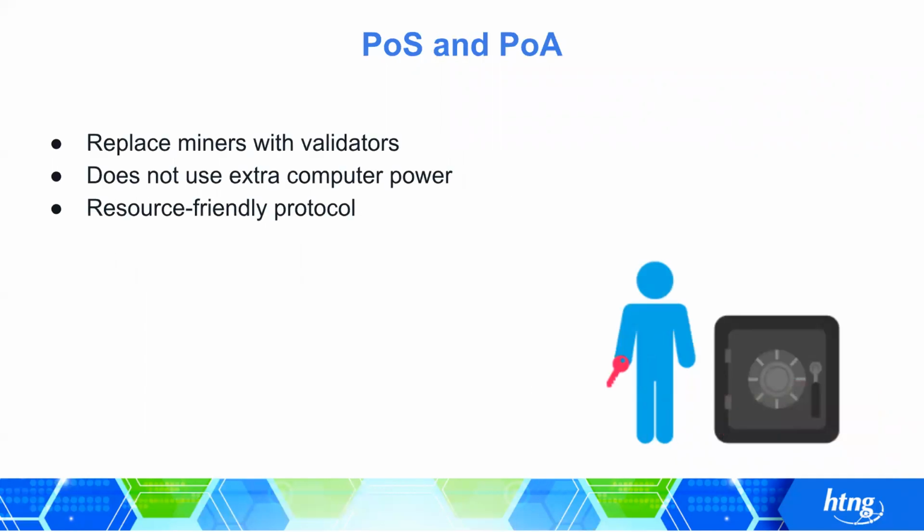And after that, we can see the next generation of consensus, which is called proof of stake and proof of authority, for instance. What's the main idea? What's the main difference between proof of work and proof of stake?